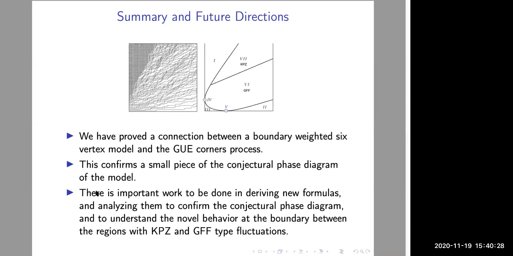And I want to reiterate that there's important work to be done in deriving new formulas and analyzing them to confirm this conjectural phase diagram. It would be especially interesting to get strong enough formulas to analyze this interface between KPZ and Gaussian free field type fluctuations, because they don't even have conjectures for what happens there. We haven't seen it before.